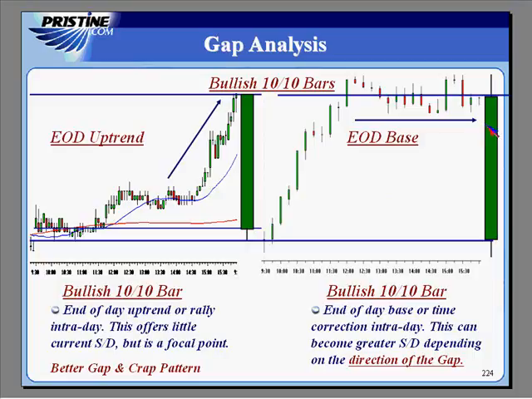A gap up from the one on the right, with a green bar, the first 5-minute green bar closing above its opening price is going to be a much higher odds trade of taking out the high of that green bar and moving higher versus the one on the left. It's already been going up for a couple of hours, so a gap up and a green bar from the one on the left is more likely to fail.